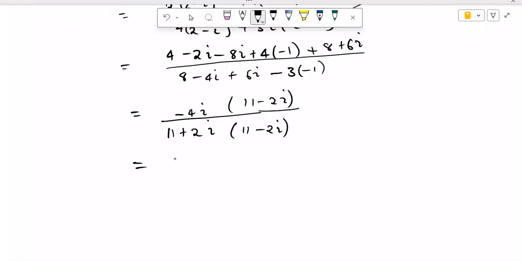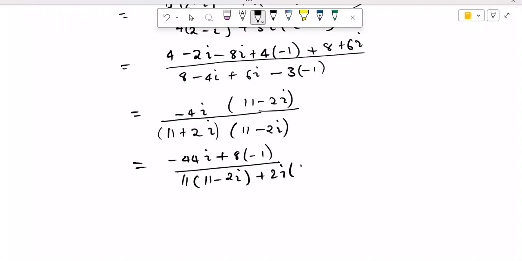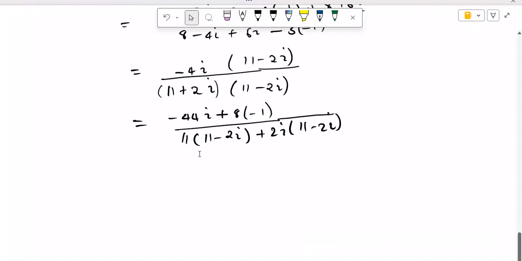So now we get, so this by this, you have negative 4i by 11, you have negative 44i, negative by negative, positive, 4 by 2, 8, i by i, negative 1, okay, over, so here we are multiplying, so you have 11 by 11 minus 2i plus 2i, 11 minus 2i, okay, so you just decompose in the denominator.